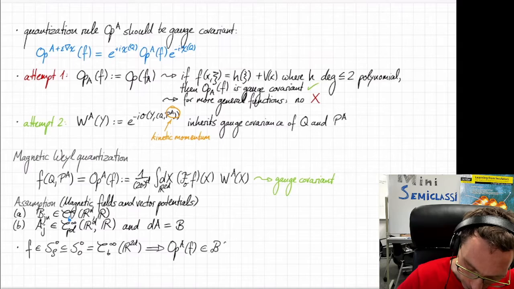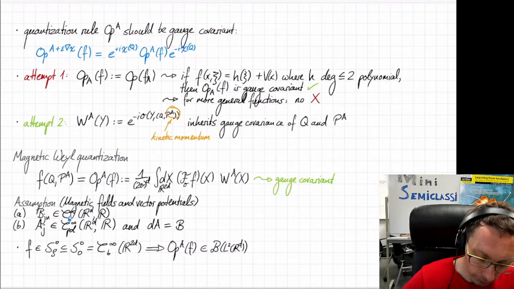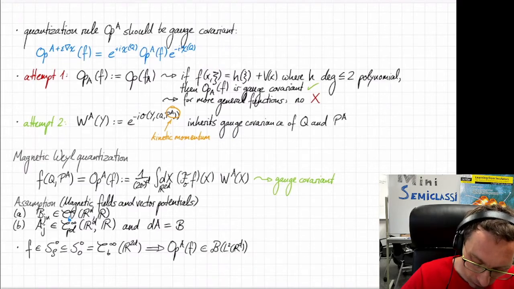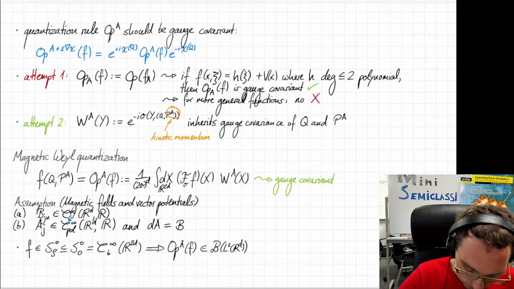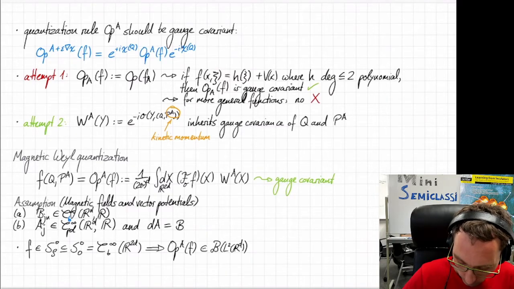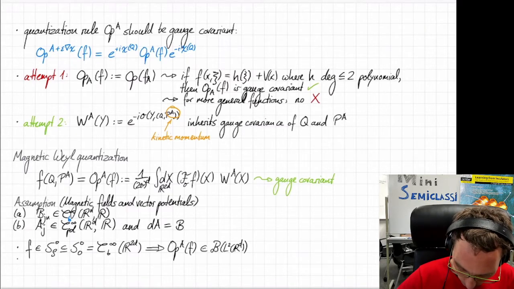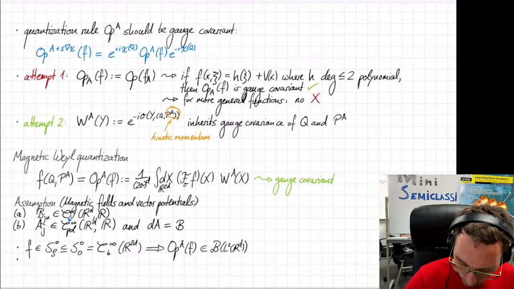So this is the magnetic version of the Calderon-Vaillancourt theorem. And then you also similarly have self-adjointness results for elliptic symbols. So most non-magnetic results have a magnetic analog.